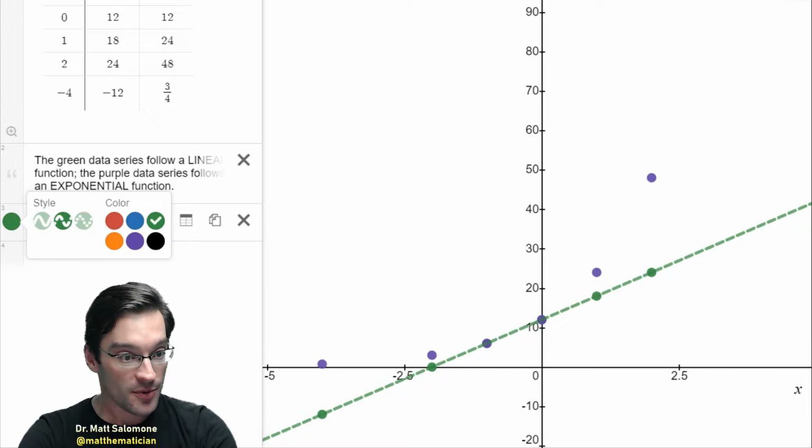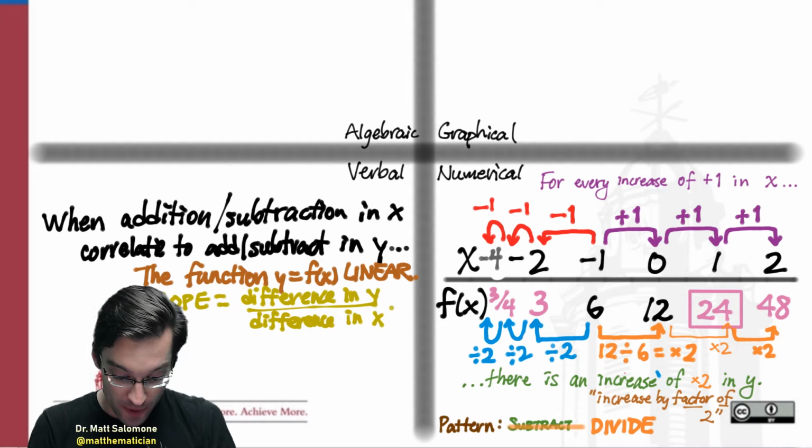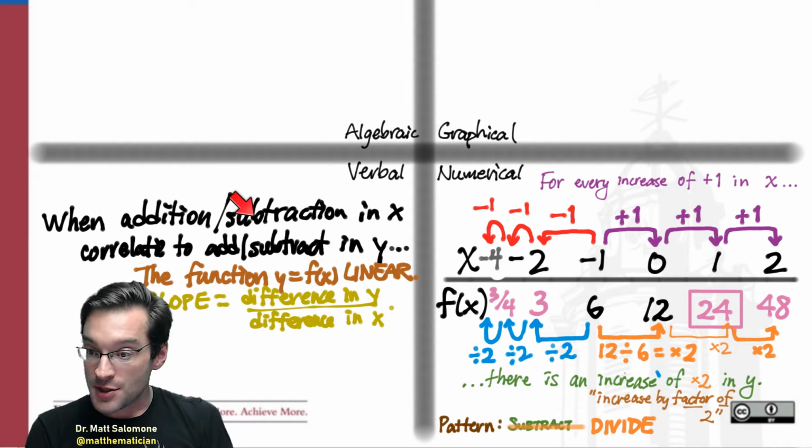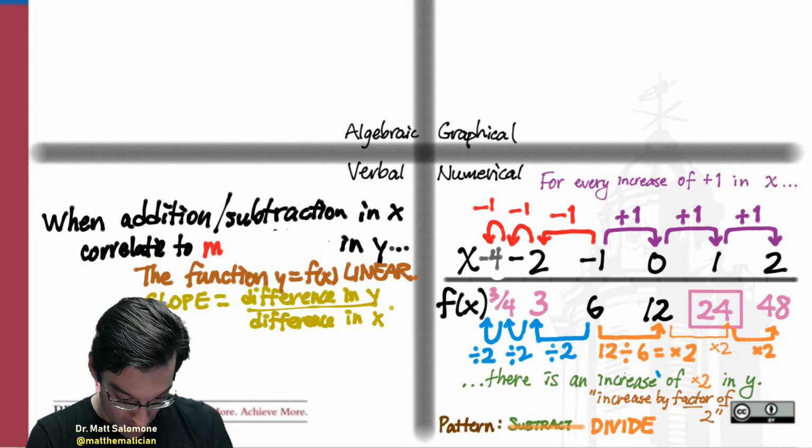But there's a different type of function that models the purple data points. And as you might expect, just like with the linear function and its slope, for the functions that we're talking about now, where addition and subtraction in my x variable is correlated not to addition and subtraction in the y variable, but this time multiplication and division in my y variable, then this function is no longer a linear function.